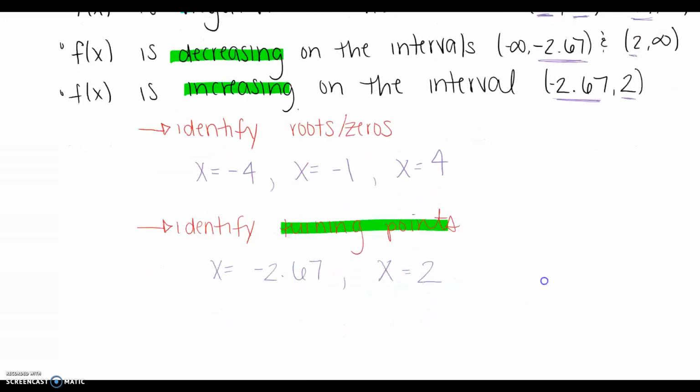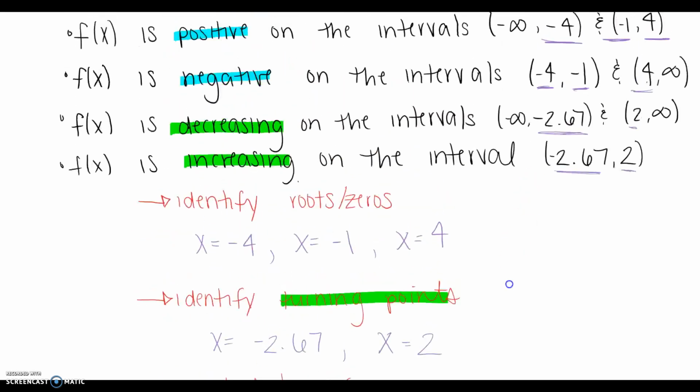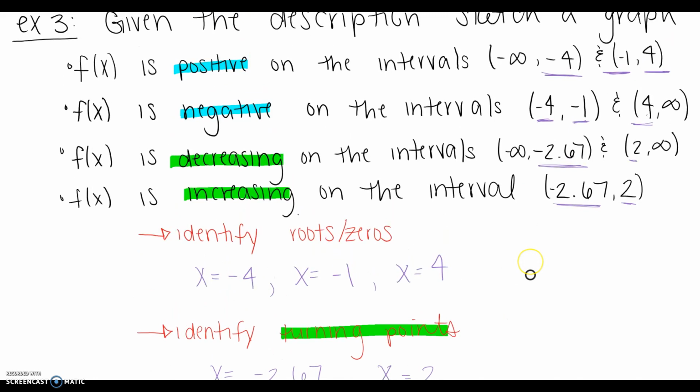Now the last thing we can figure out is the end behavior. Now we don't have the equation, but we can look at when it's increasing and when it's decreasing. So if we go back up, it's positive from negative infinity to negative 4.